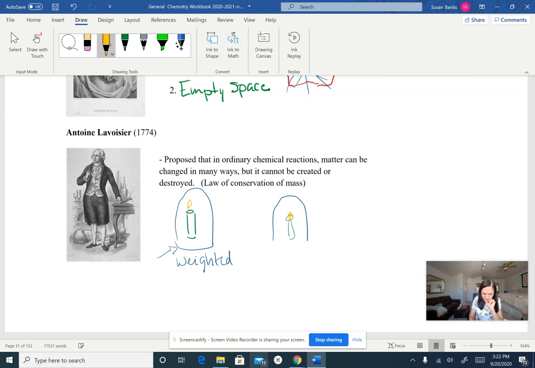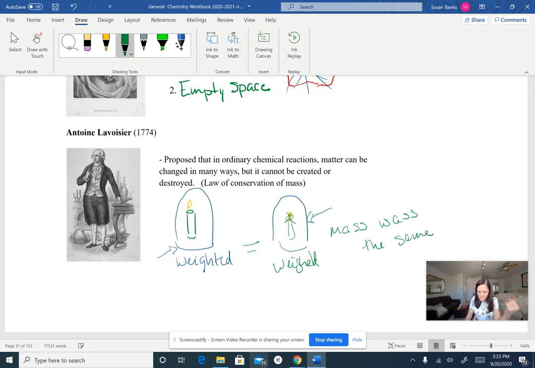And now the candle is out, right? Because there's no more air in there. And he weighed this again. And he saw that the masses were the same, even though we've melted or used up some of that candle.